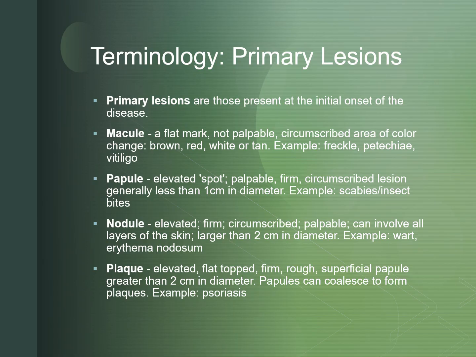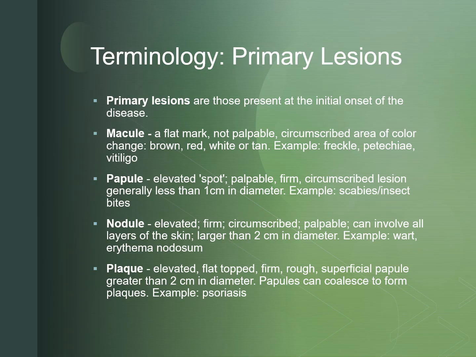And your book has great pictures in this chapter. I did not include the pictures in here. I'm just including the descriptions of the differences in the primary and secondary lesions. So if you're a picture person and you like visuals, I encourage you to go look in your book at the pictures, or even just Google it.